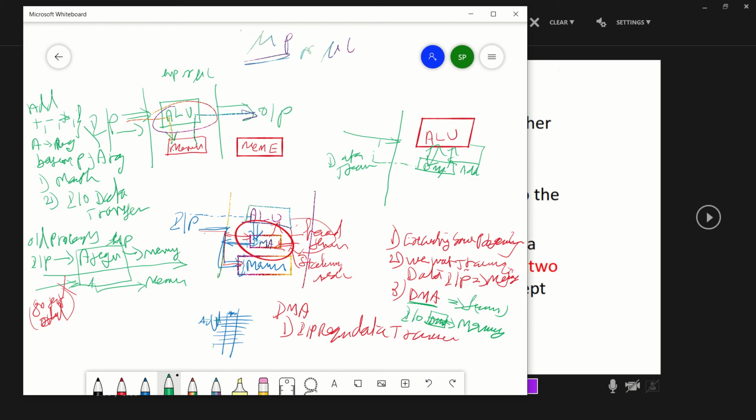After giving the starting address, the ALU continues to execute the older program. Again, without the knowledge of the ALU, the DMA transfers the data from the IO port to the memory.